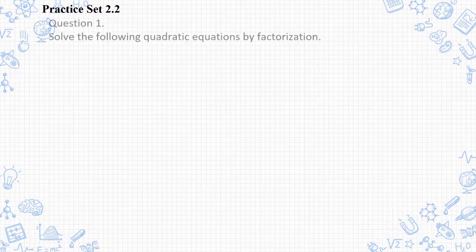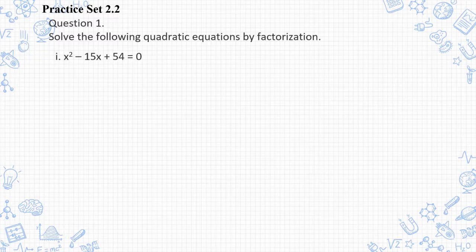So we'll solve practice set 2.2, which is finding the solution of the quadratic equation by factorization method. So first sum is x squared minus 15x plus 54 equal to 0.